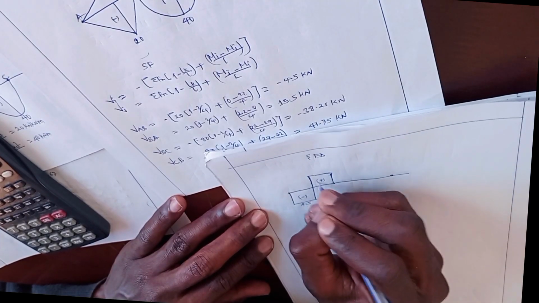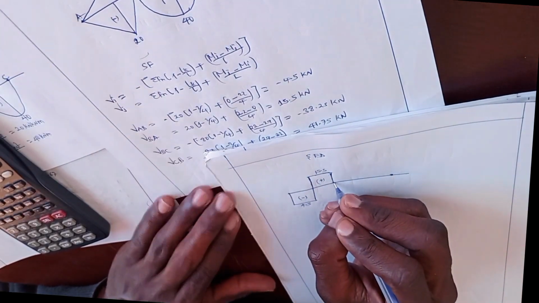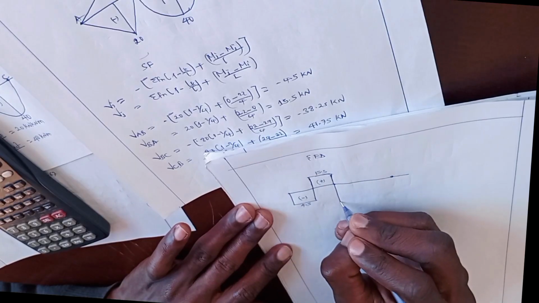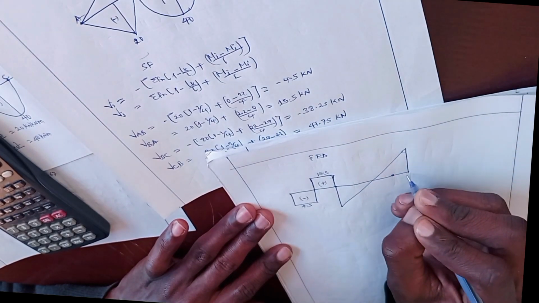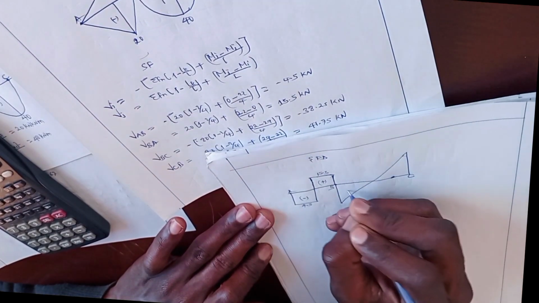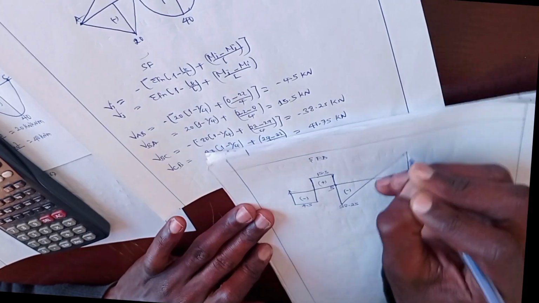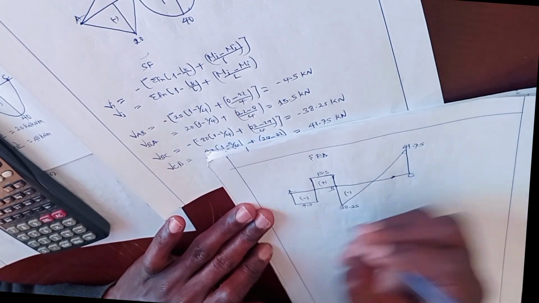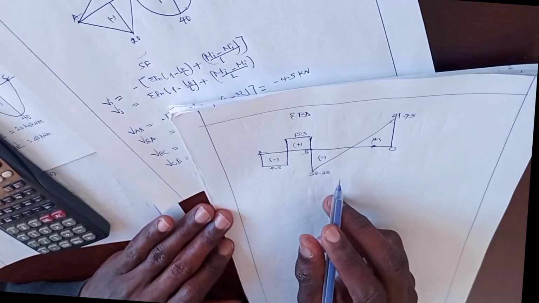So this is positive 15.5. Now for BC, negative, this way. Shear force due to uniform distributed load, it will be in this way. This is point A, point B, point C. This is negative, which is equal to 38.25. This is 41.75. Now this is positive. And now this is shear force diagram.